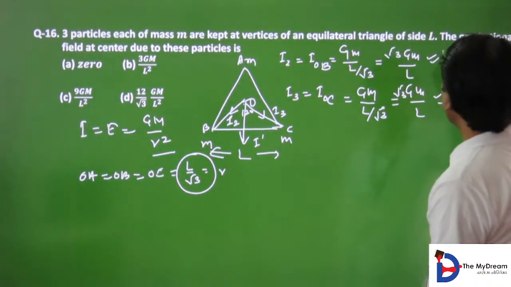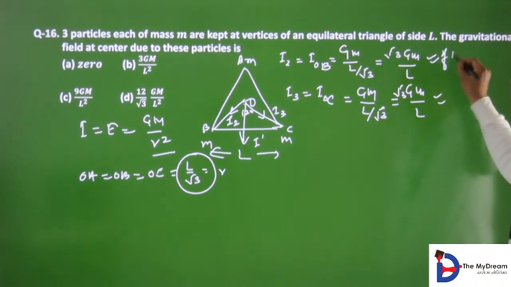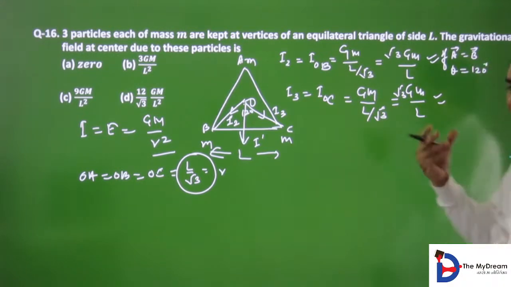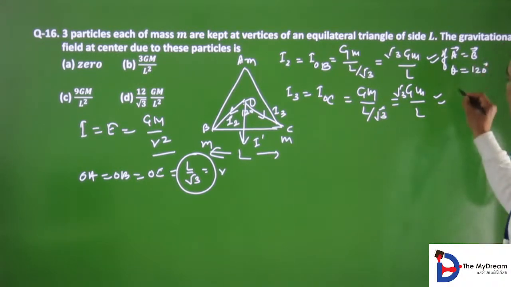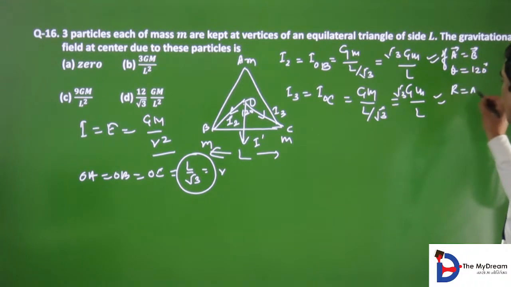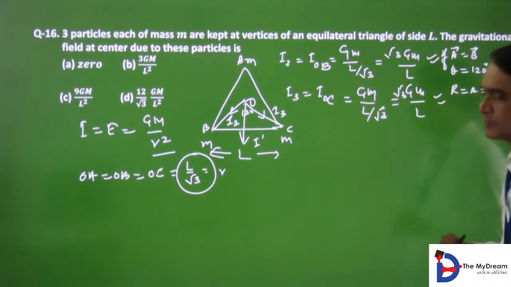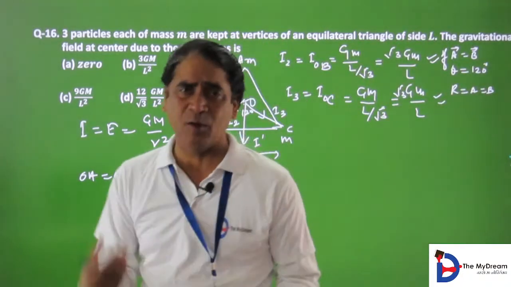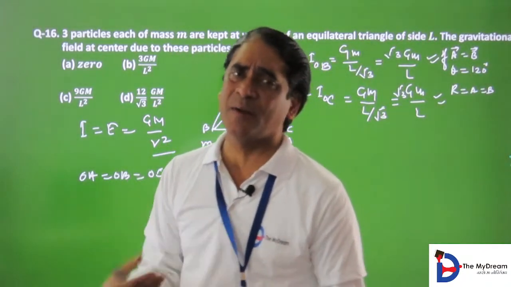You studied that if vector A is equal to B and theta, the angle between A and B, is 120, then the resultant must be equal to A, which is equal to B. A square by B square plus 2AB cos 120 minus 1 by 2.